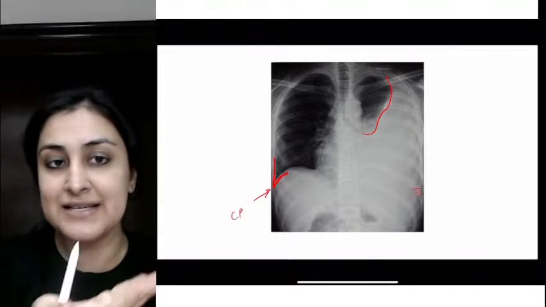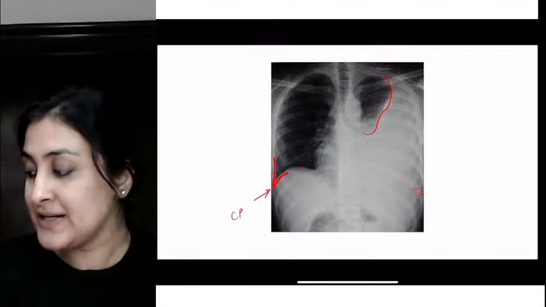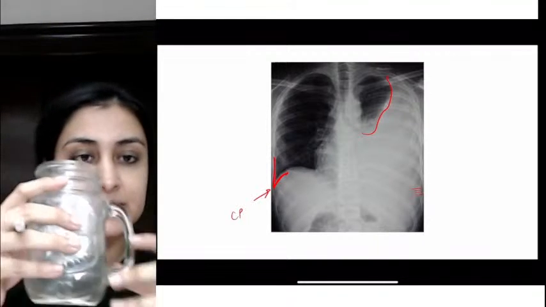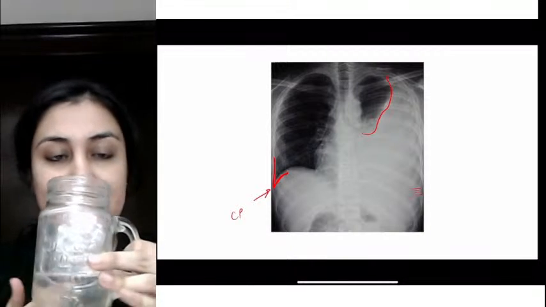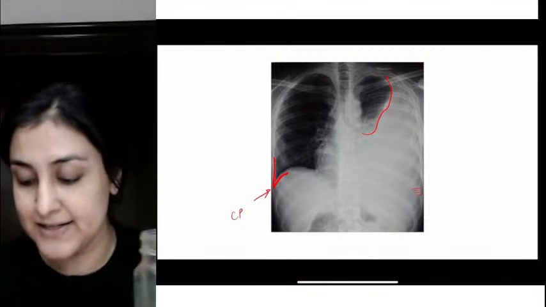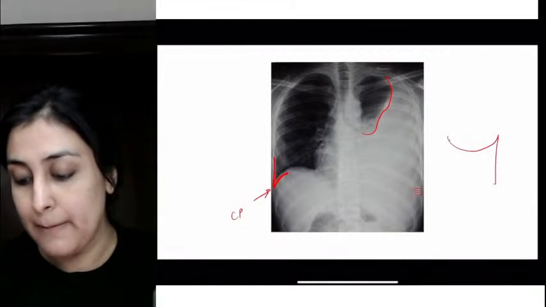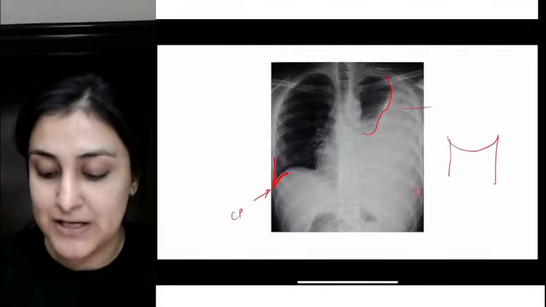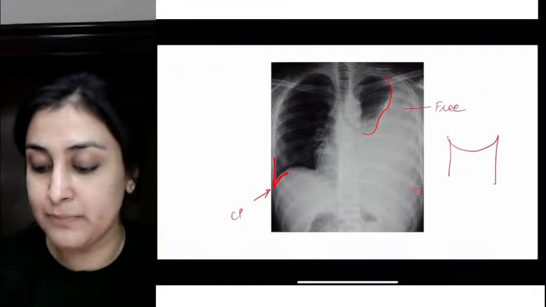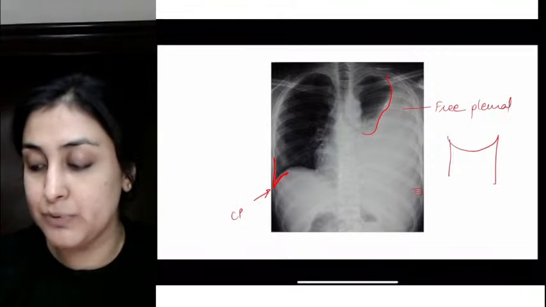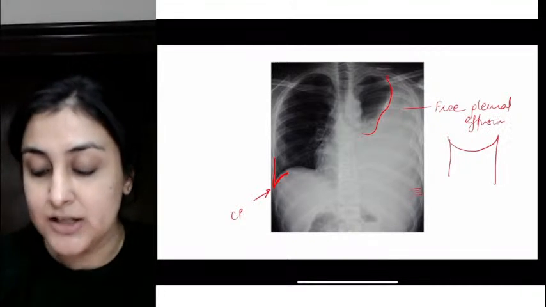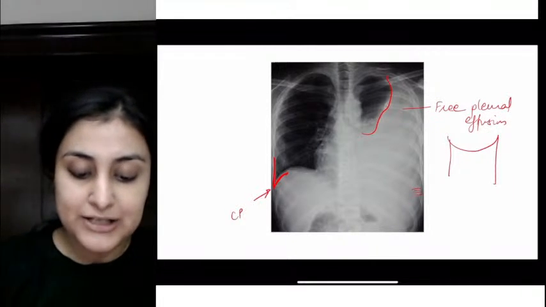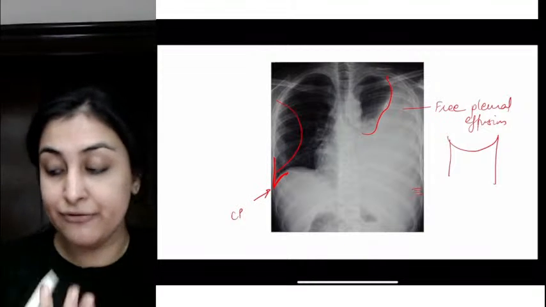So this is pleural effusion, and if you see that blunting is not there, it has reached the top and it's having this meniscus. If there is water in the cup, free water is going to go like this, right? It's going to have this sort of a margin. So this means that there is free effusion, water in the pleural space. On the other hand, if the effusion is loculated, it won't be free like this.